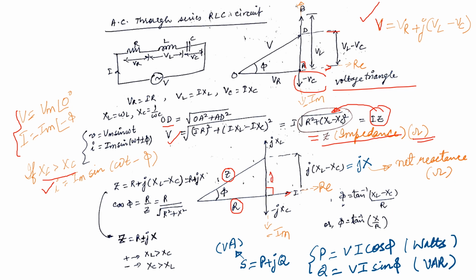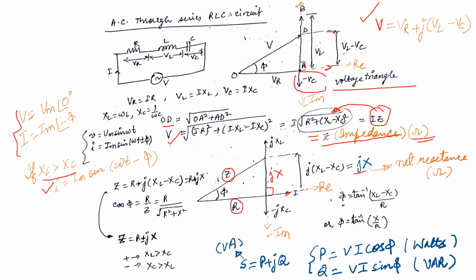We'll call this jX, that is the net reactance, and this has been obtained when we are making this minus jXC. We are moving in the upward direction, so this will be jXL minus XC from this point to this point to this point. So we have jXL minus XC.